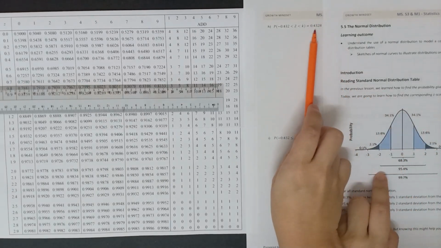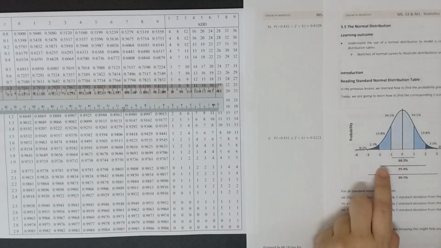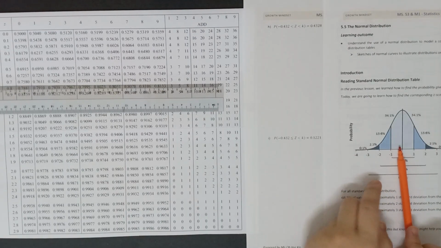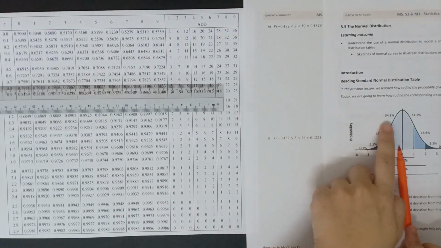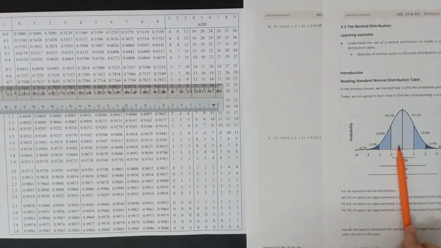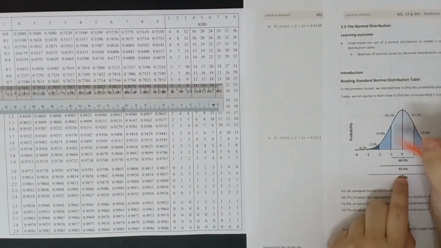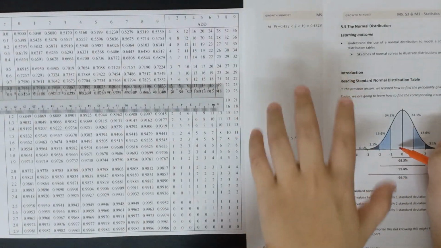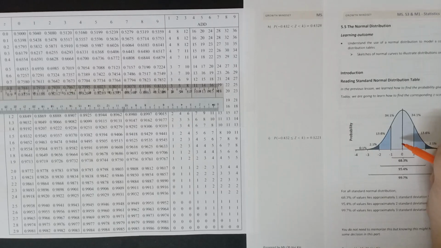This is 43%. Does it make sense if you have two negative values here that give you a percentage more than 34? No. It's impossible that you label here and here, and then got an answer of 0.4328. So this is how you know that your k is a positive value.